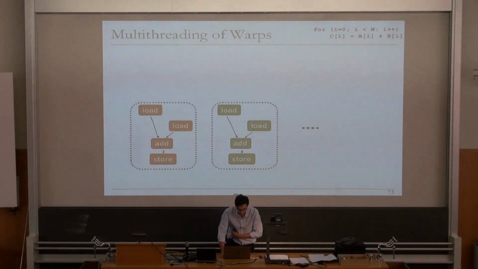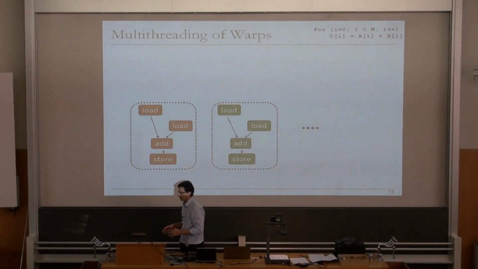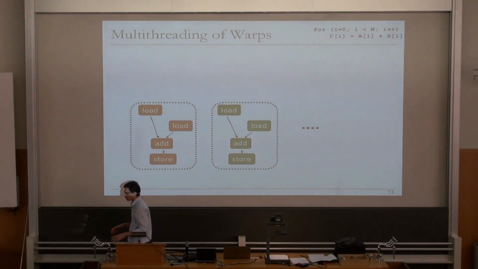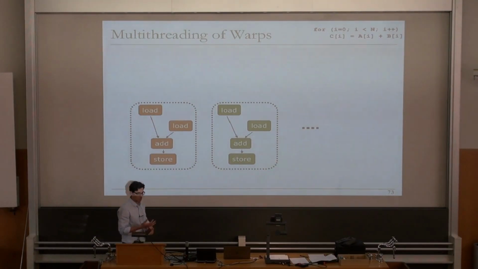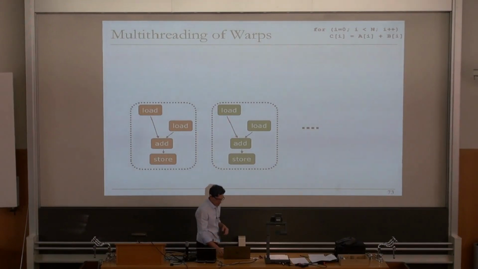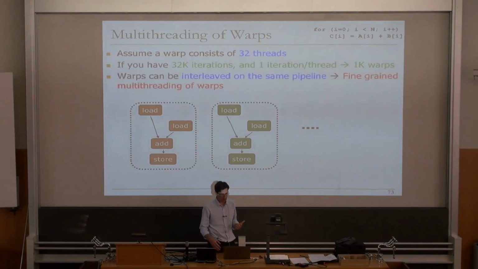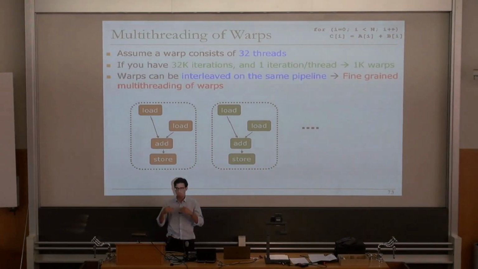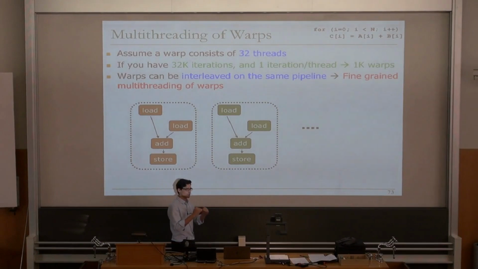We talk about multi-threading of warps because GPUs are not only underlying SIMD processors, but they also take advantage of other processing paradigms. Of course, they are pipeline processors, and they are also multi-thread processors. We talk about fine-grained multi-threading because the way that the hardware is going to execute the instructions that correspond to the different warps is in a multi-threaded way.